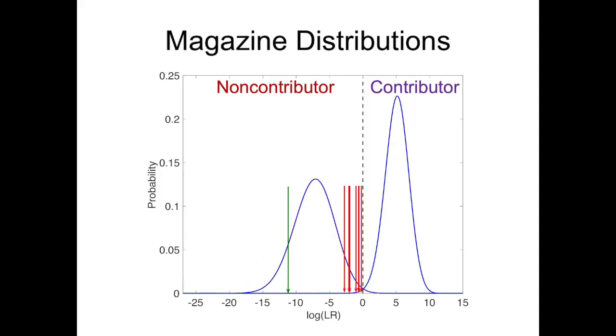Next slide. For the magazine distributions, you have something similar. On the left is the non-contributor distribution, on the right is the contributor. And the green arrow is the match statistic to the defendant. It's -12, 1 in a trillion. And what is being purported as having the same stature is, again, around zero from something else.